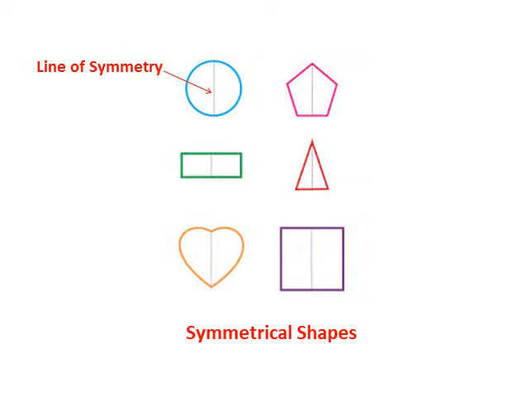They are called symmetrical shapes, because I can draw a line in the middle of the shape, like this line and this line and this line here in the pentagon. These lines are lines of symmetry. Why? Because the two parts match each other exactly, like a mirror image. So all these shapes are called symmetrical shapes.